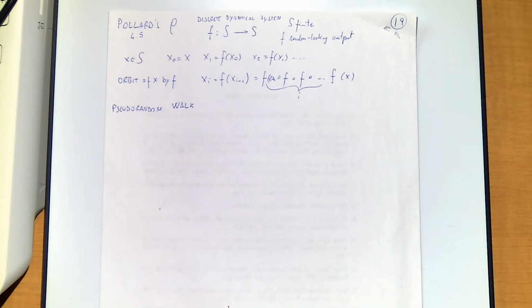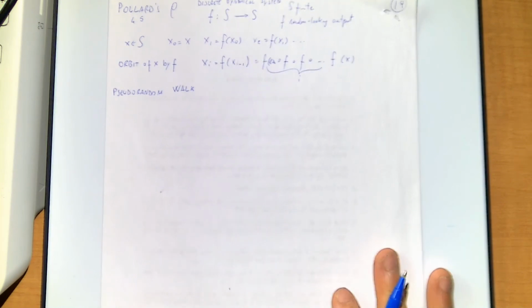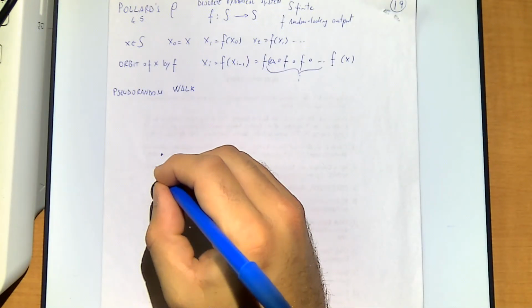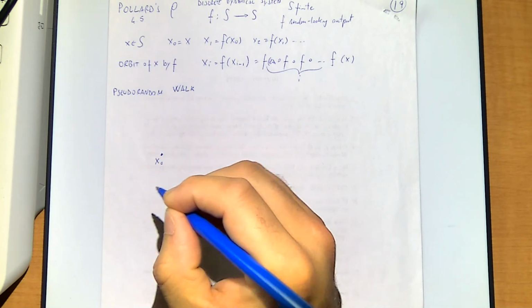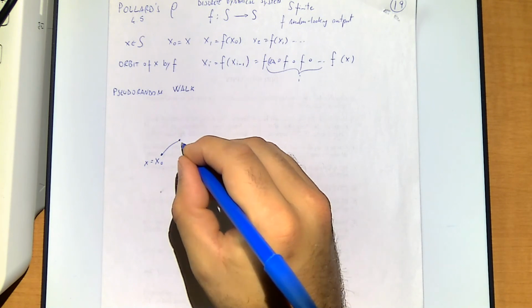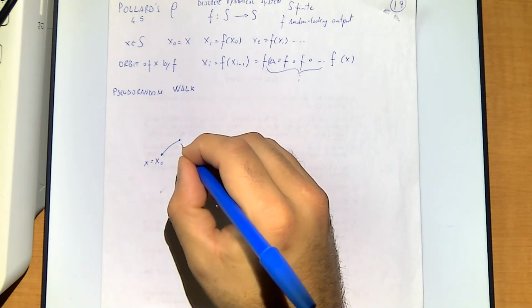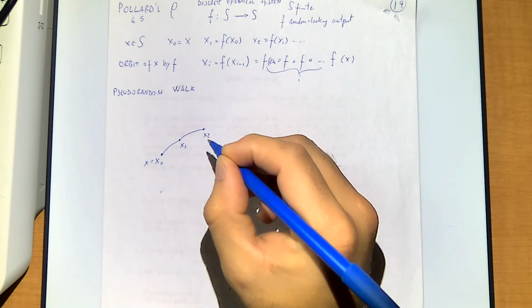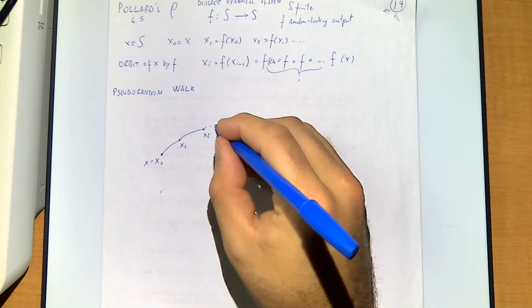Okay, so we can actually visualize this orbit. And here's what happens. I was never exactly an artist, but I'll try to draw these things clearly. So I start from x0, which is x. And then I take a step and I get into x1. And then I take another step and I get into x2. And I keep doing steps.